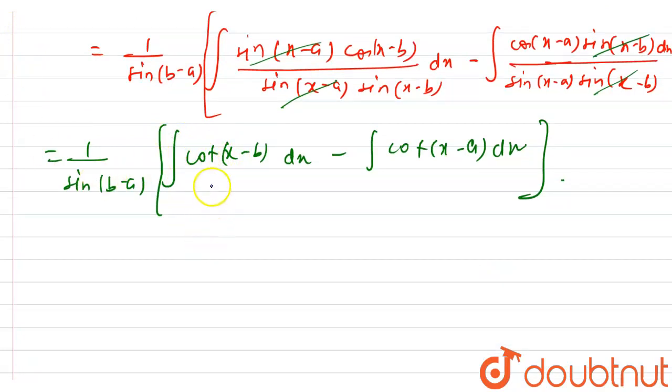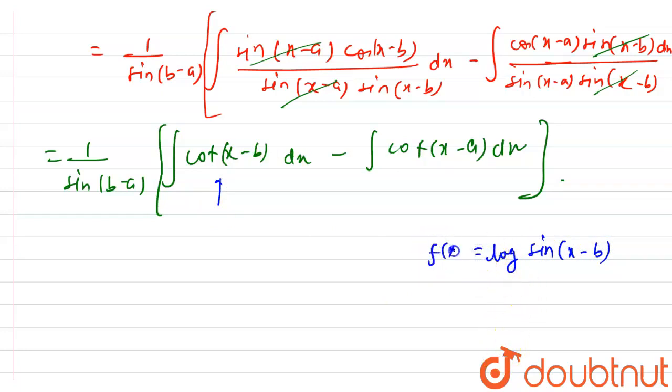Now, do we know the integration of cot x directly? Yeah, we can find the cot x integration directly. How? Just think about it. Cot x is the differentiation of what? I'm telling you that this is the differentiation of log sin(x − b). Why?